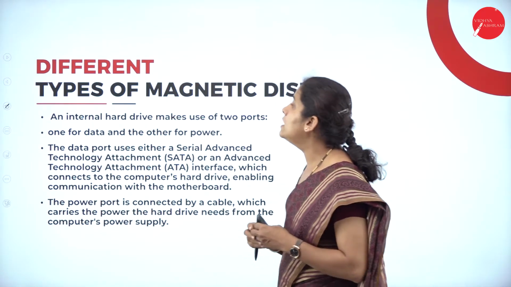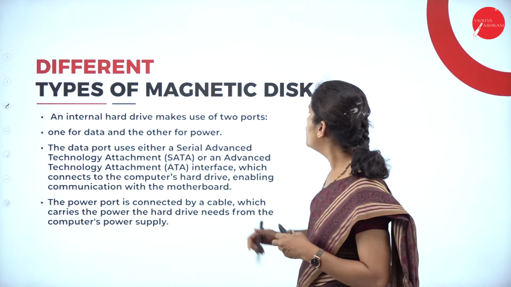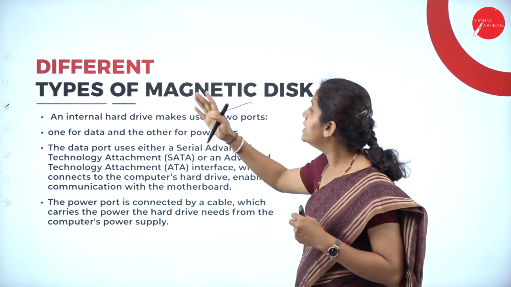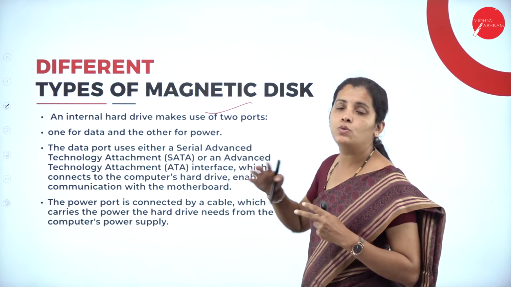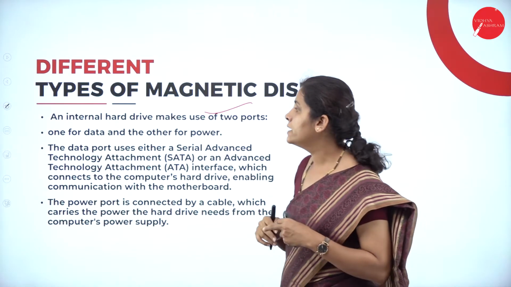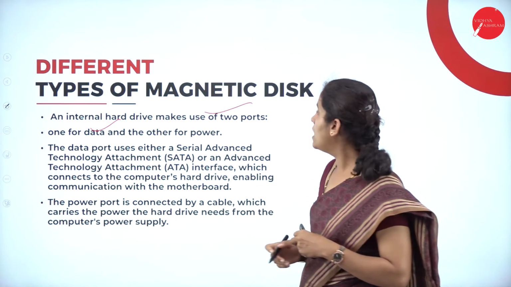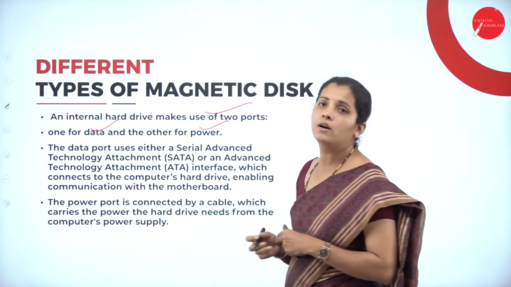The internal hard disk drive makes use of two ports. I repeat, the internal hard disk uses two types of ports. The first port is for data and the next port is for power.